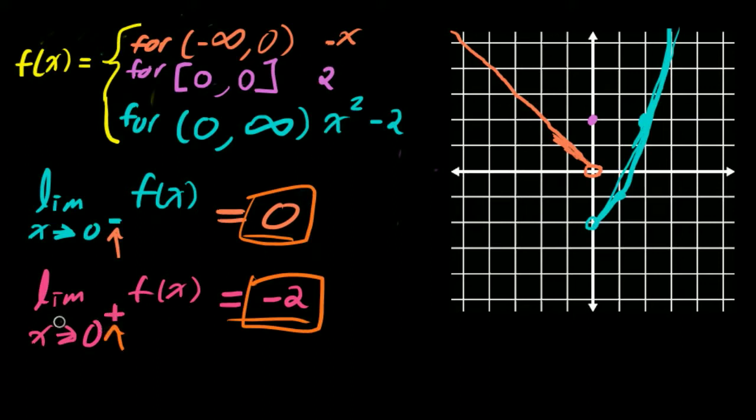And also, if we approach 0 from the positive side of our graph, that was going to be equal to negative 2, because for all values of x greater than 0, our function was defined as x squared minus 2. And the limit of this function as we approached it from the positive side was negative 2.